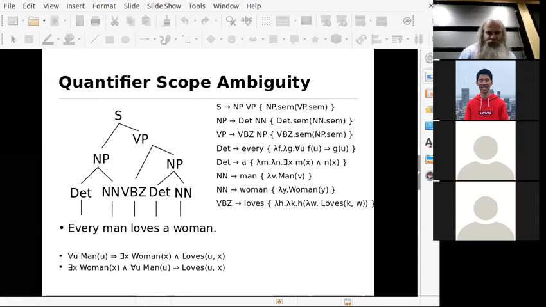So if we think about this statement, and this is the famous statement, it always gets used, and therefore that's why I'm showing it. It's because if you search for every man loves a woman, you'll find explanations about this. It's probably got its own Wikipedia entry. Every man loves a woman is ambiguous, okay?